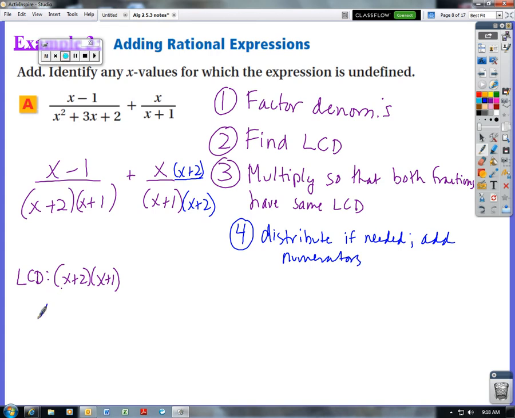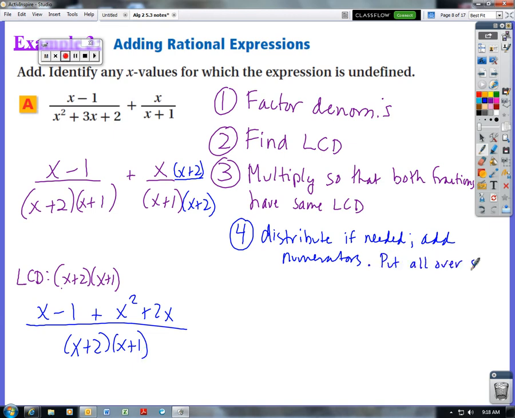I'm just going to bring this one along, x minus 1 plus, and then this one's going to be x squared plus 2x. All over, we can put them all over the same denominator now. Add numerators, put all over same denominator.